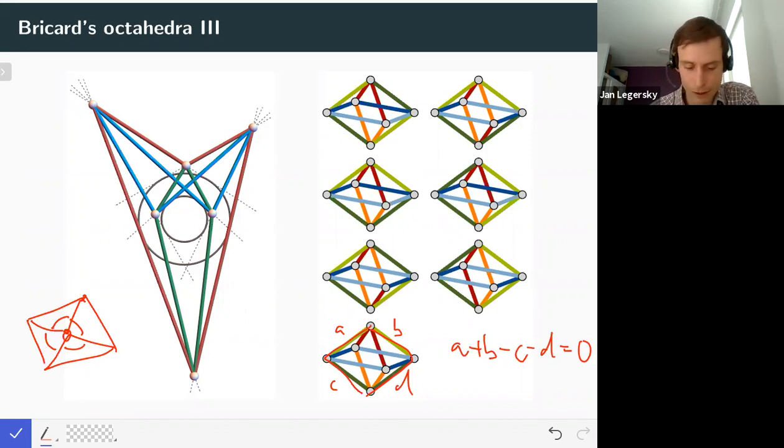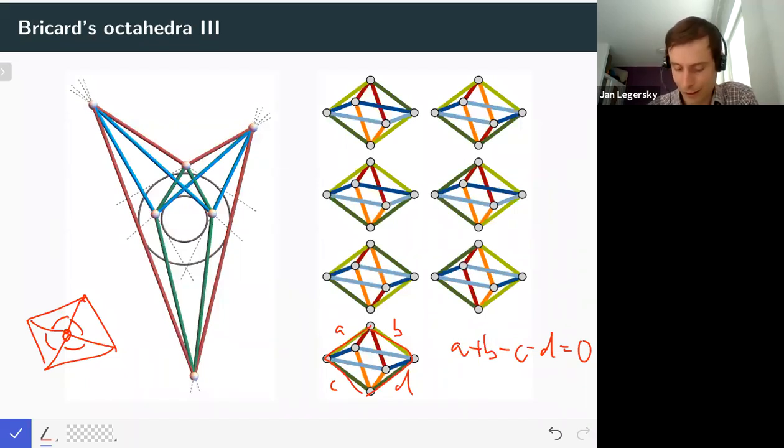And for this type 3, we have such a condition for all 4 cycles that are induced in the octahedron. And the picture somehow shows all the possible combinations that one can get, of how these signs are assigned.